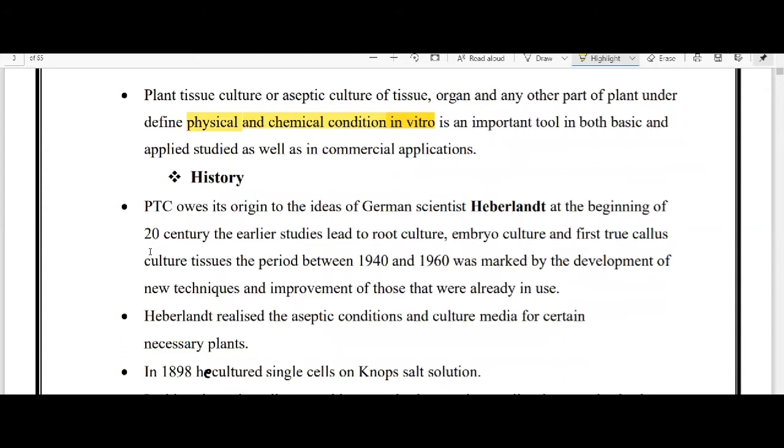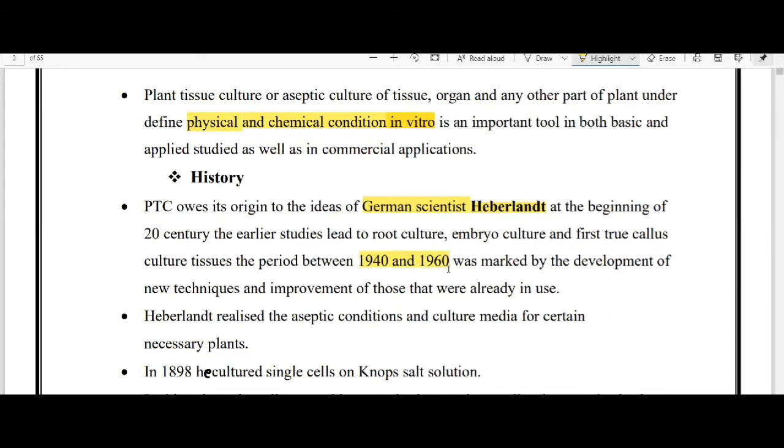The idea of plant tissue culture was given by a German scientist, Haberlandt, at the beginning of the 20th century, which led to different types of culture such as root culture, embryo culture, and first true callus culture. But before that, there was no idea. And this was between the 1940s to 1960s.